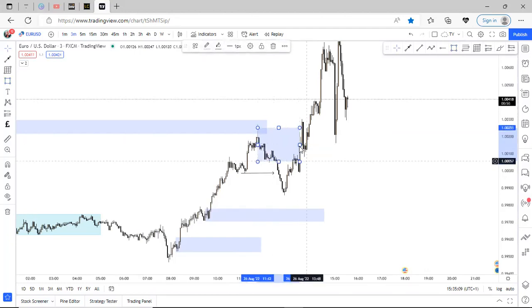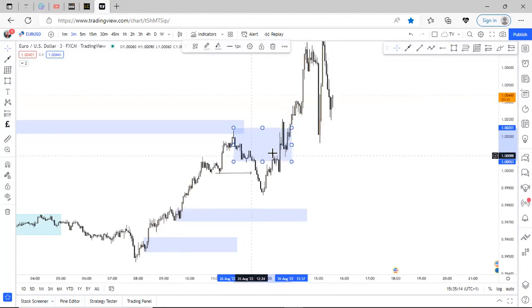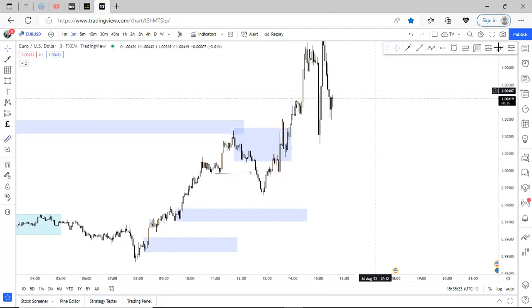Price actually moved. Price tapped this point of interest. We moved in profit for about 10 pips, and when the news came, the news spiked me out.